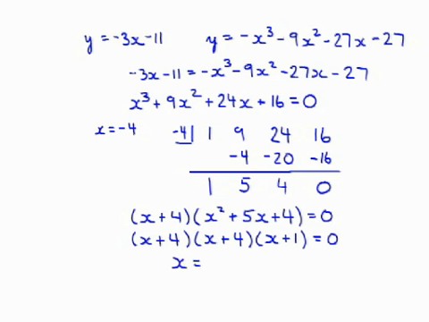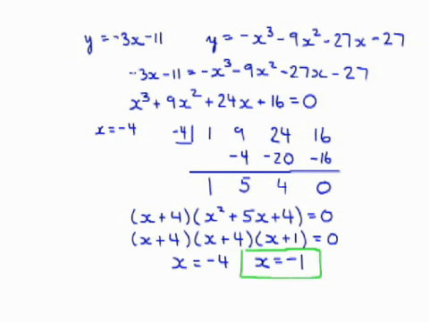So either x equals negative 4, no big surprise there, we already anticipated that, or x equals negative 1. That's the value we're interested in. That's where the tangent line intersects the curve at a second spot. It occurs at x equals negative 1. And if you think back at our original diagram, that looks like a reasonable answer.